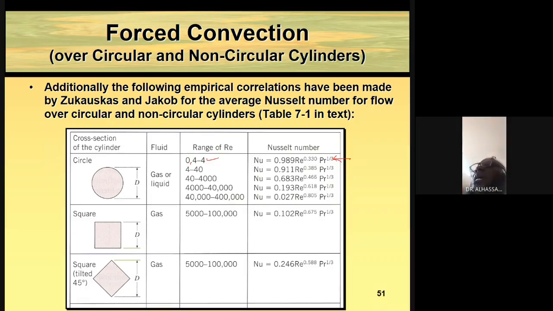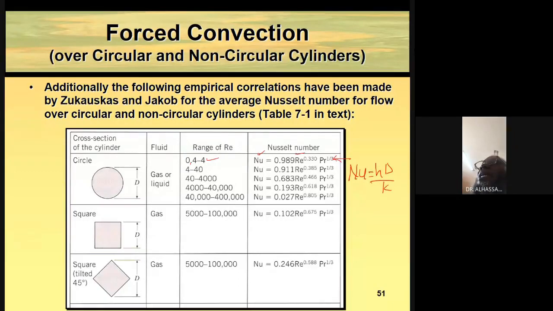I've told you these Nusselt number equations are empirical, developed from experimental values. So when you get this value of Nu and you want to find the value for h, you use this general equation, applicable to all spheres or even cylinders: hD divided by k.